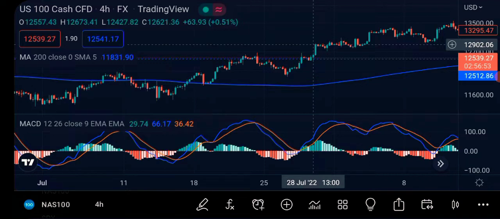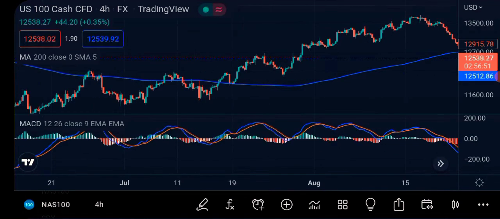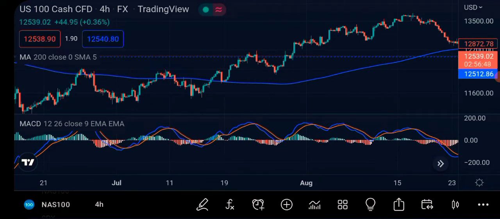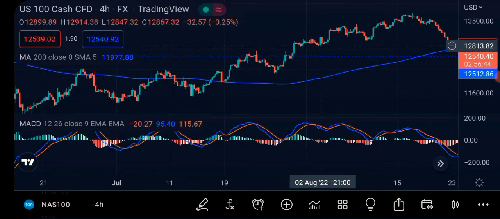So at this point of breakout, if we check it, you can see from this point the market went up.